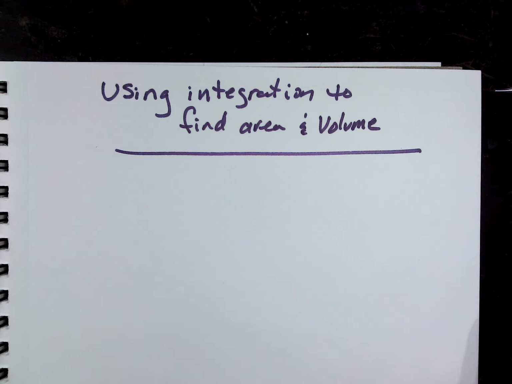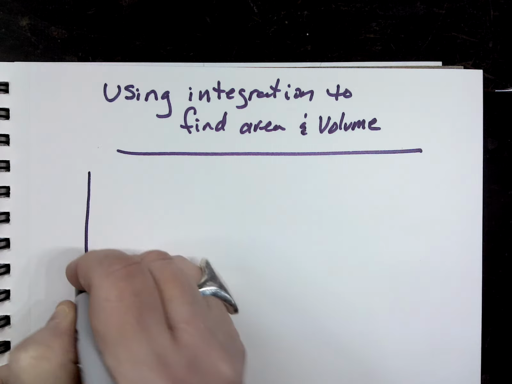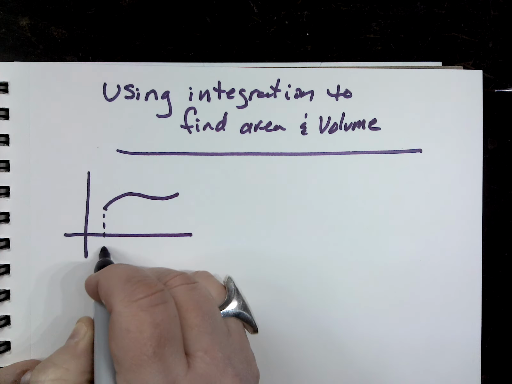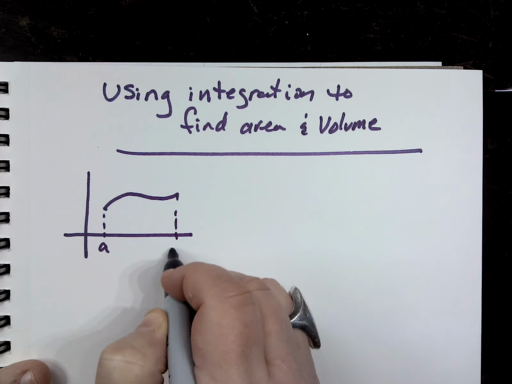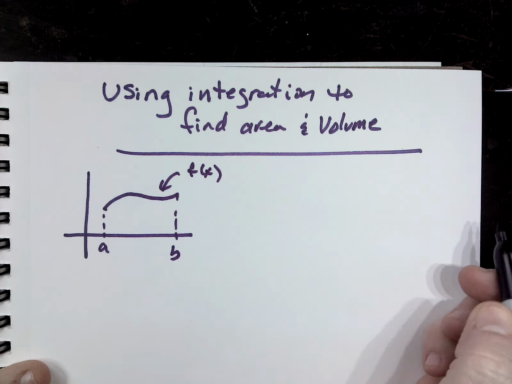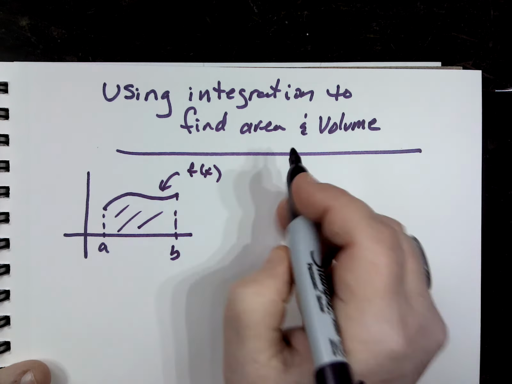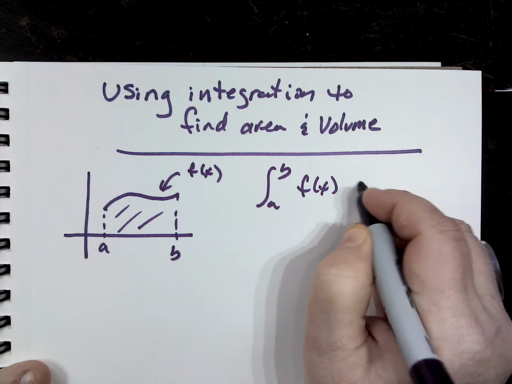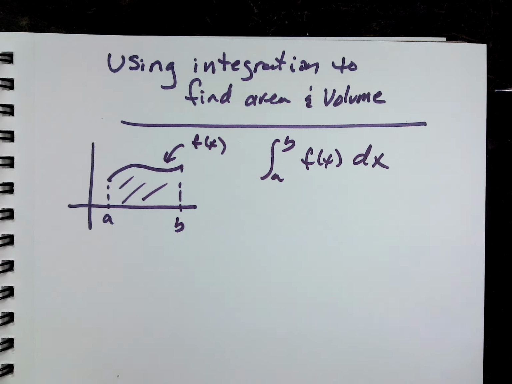of something using integration. So first off, remember, if we wanted to find the area under just this function, where this is f of x, we would integrate from a to b of f of x dx.